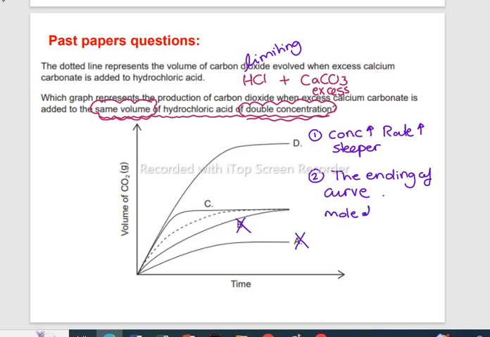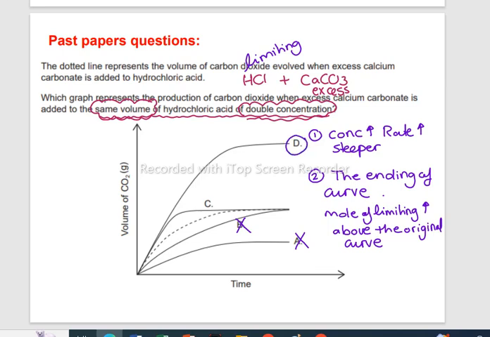So mole of limiting, definitely it will increase. So it will be above the original curve. So your answer, it's a D answer.